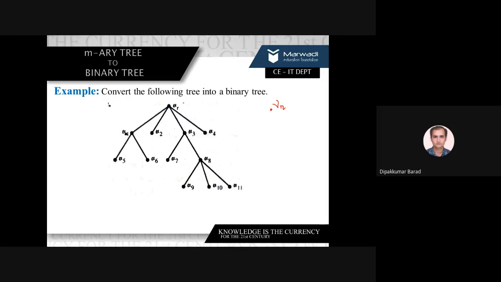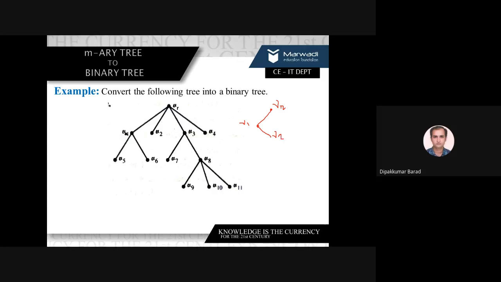According to our steps, first we find the leftmost child, V1. Now look at its siblings: V2, V3, V4 are all siblings of V1. The first sibling, V2, becomes the right child of V1 in the binary tree.